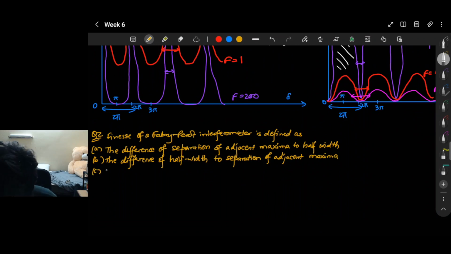Option C, the ratio of separation of adjacent maxima to half width.